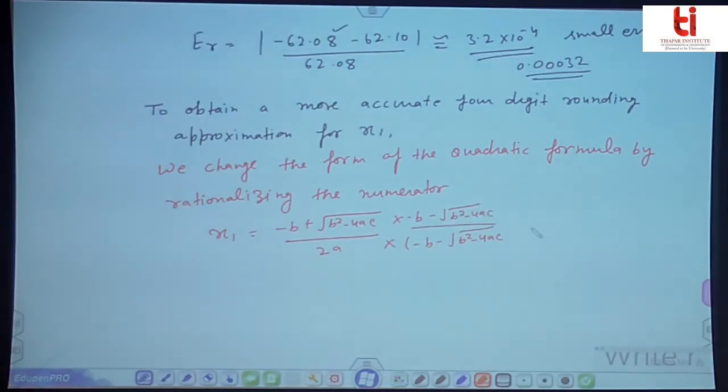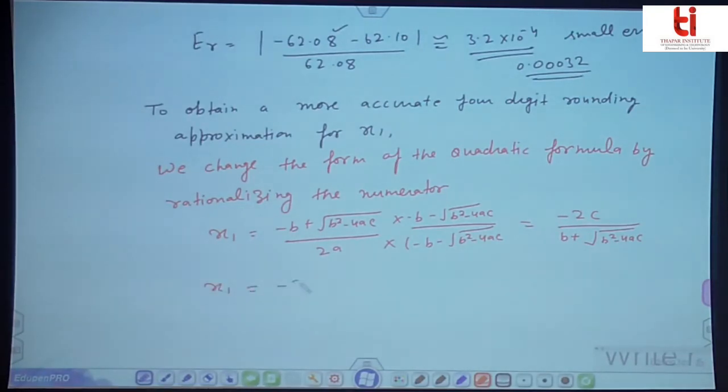So it is coming out to be minus 2c upon b plus square root of b square minus 4ac. So now that subtraction sign is converted into the addition sign, so the loss of significance that occurs will be reduced.